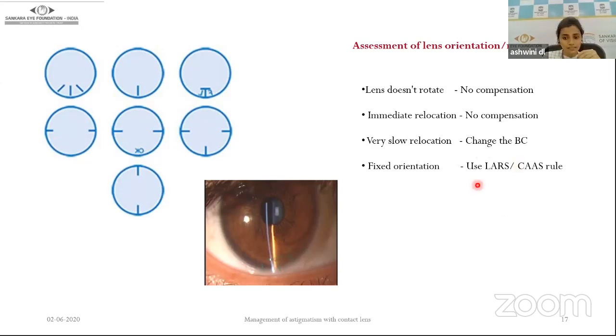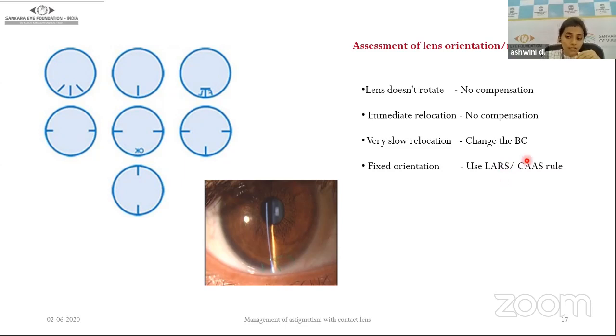There is something called the LARS rule and the CAST rule. The LARS rule: when the scribe marks have moved towards the examiner's left hand side, you have to add the amount of rotation to the prescription. In case it has moved towards the examiner's right hand side, then you have to subtract the amount of rotation from the original prescription.